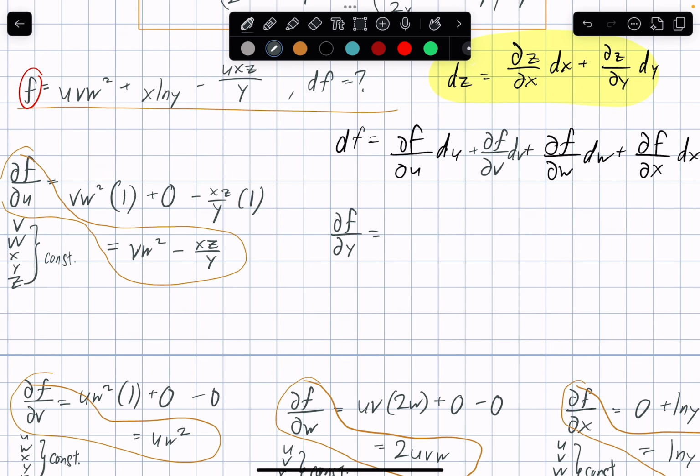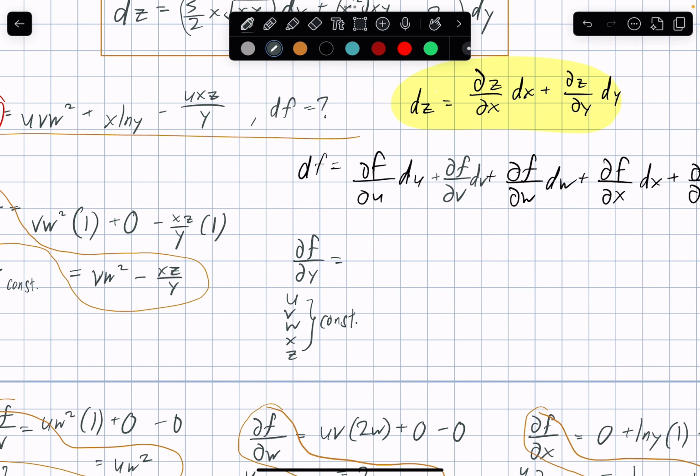How about partial f over partial y? u, v, w, x, z are all constants. So this first term becomes 0. Set aside x. The derivative of ln y is 1 over y times the derivative of y, which is 1. Minus, everything is a constant except 1 over y.